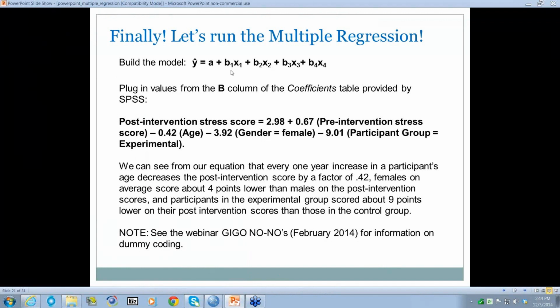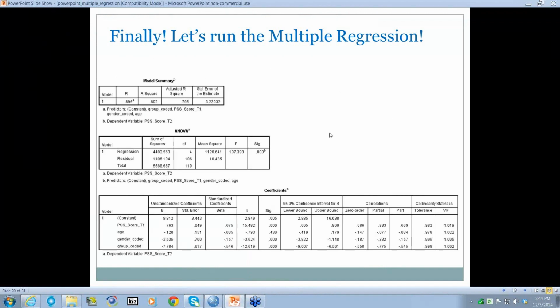X1 was the pretest, this is age, this was gender, and this one was group, which group they were in. Post-intervention stress: it's 0.67, so here's our little b from our other table. A negative 0.42, negative 3.92, and negative 9.01. And like I showed you, here they are in the table.